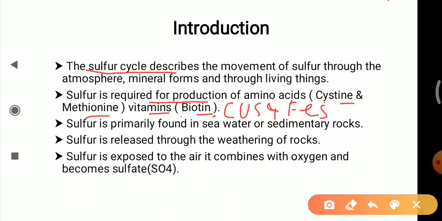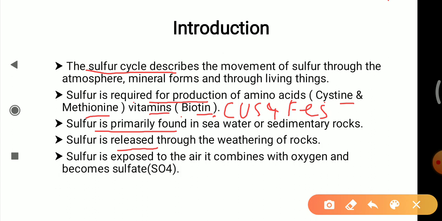Sulfur is primarily found in seawater or sedimentary rocks. It is released through the weathering of rocks.